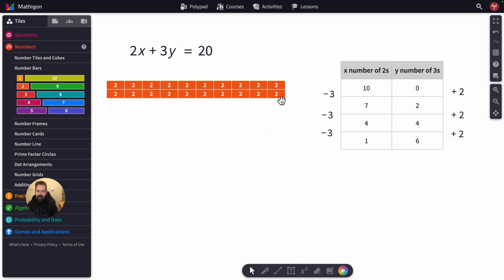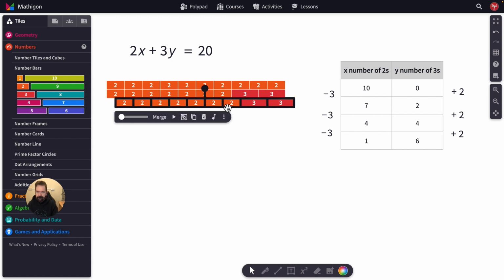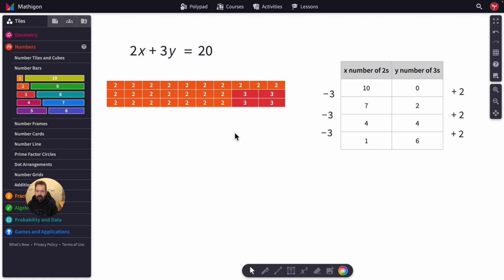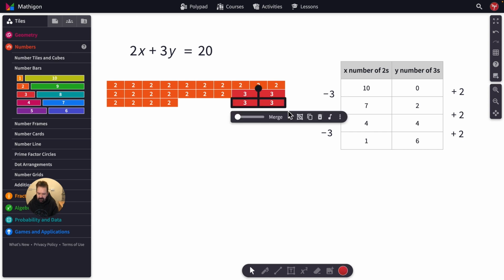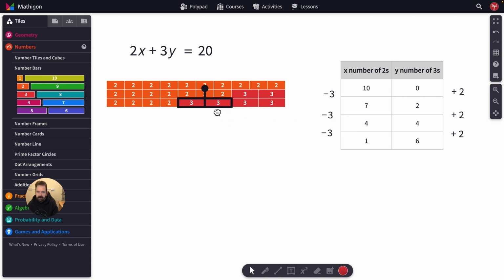Well, it turns out that I can't get rid of 1 or 2 2s. I have to get rid of 3 2s and in its place bring in 2 3s. So you'll notice that the number of 2s has had to go down by 3, and then to compensate for that the number of 3s goes up by 2, and that's because 3 2s are 6 and 2 3s are 6. Now if we make a copy of the next one and have a look at that, we can now get rid of another 3 2s and replace it with 2 3s.